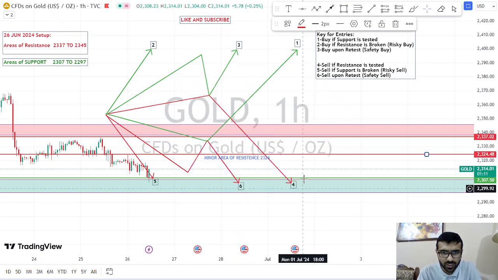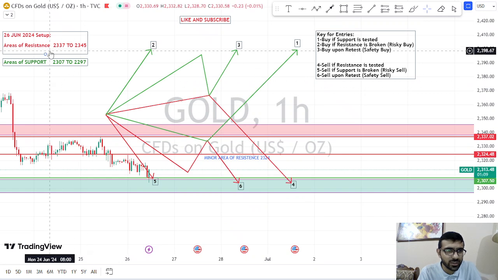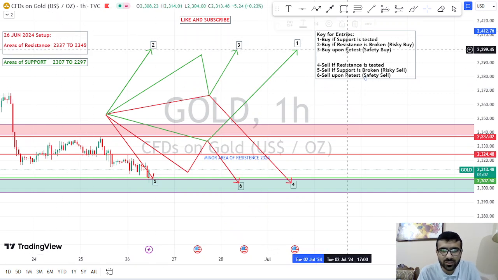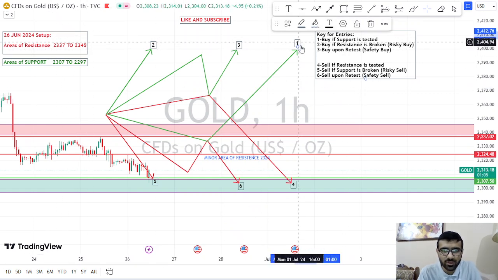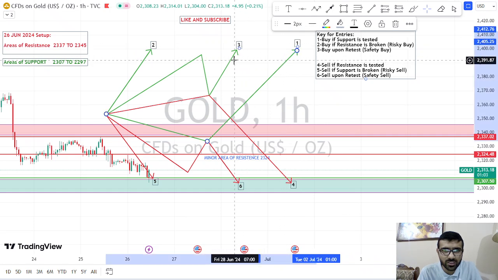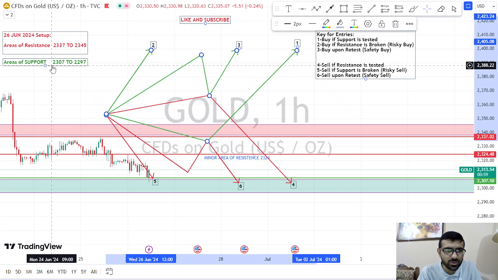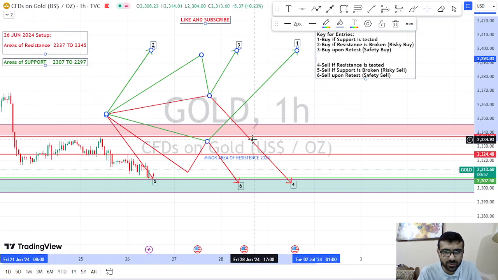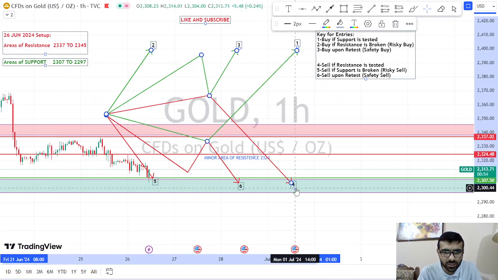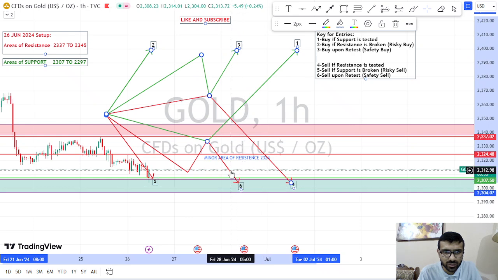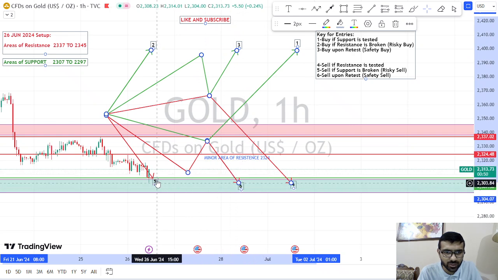Okay, so let me move these scenarios now, so you guys can easily take trades in this gold versus US dollar, and there is no issue in understanding of this pair, and you guys can continue to make some good profits.